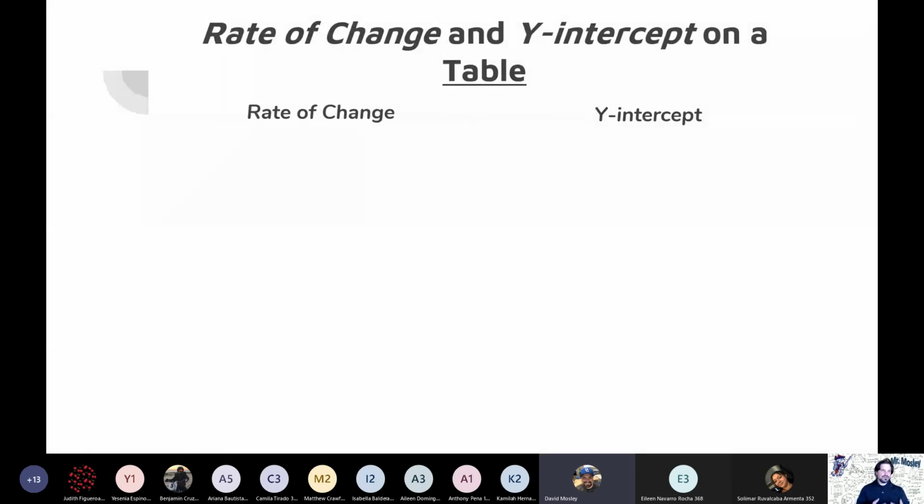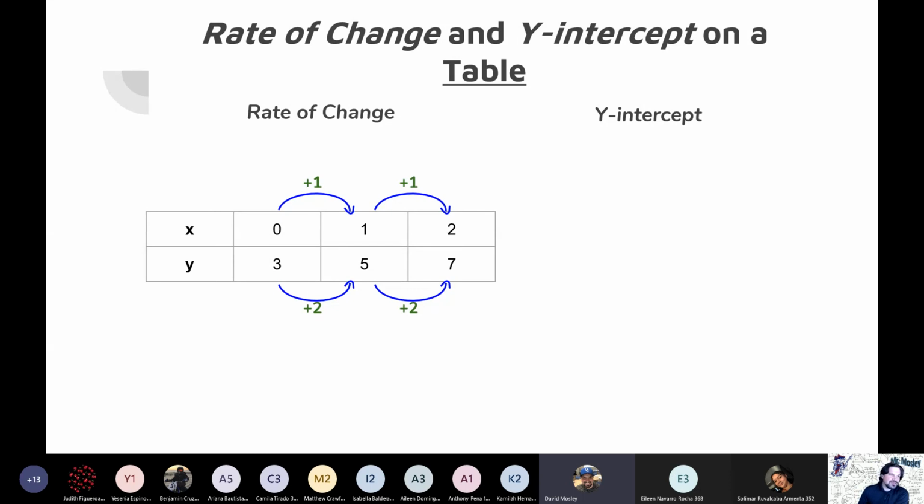All right. So now we're looking at rate of change and y-intercept. We just did a graph. Now we're looking at a table. The rate of change on a table, again, can be seen as, for every 1 unit change in x, the amount of change in y.